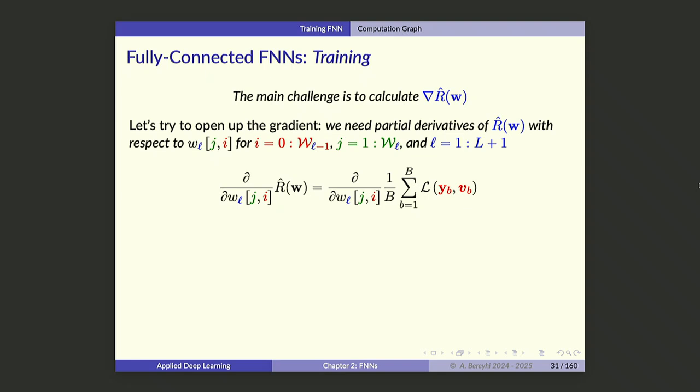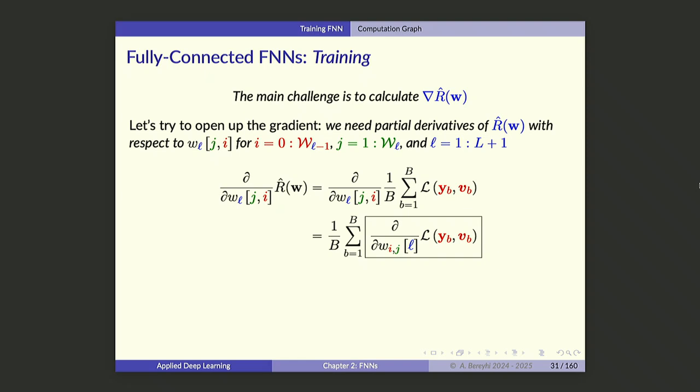First of all, can I take that partial derivative inside the summation? Yeah, I can do it, right? The derivative of a summation is the summation of derivatives, right? So I can simply write it down in this form, correct? Now, since I can write it in this form, what can I conclude from this? I can conclude that if I know how to compute this gradient for one pair of sample and label, then everything is over.